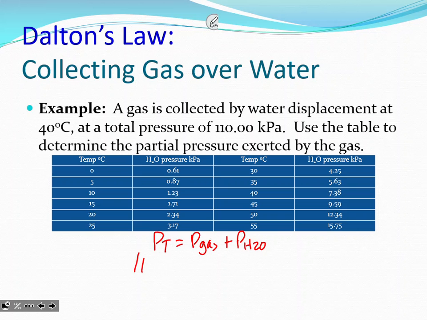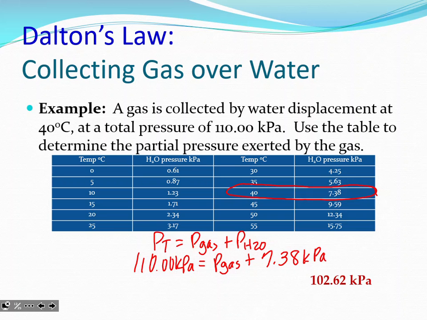Now, 110 kPa is our P total. Now, at 40 degrees, what do we have here? Which one is our partial pressure of water? We need to look at the 40. So this is where we would go. So yes, it'd be 7.38 kPa. Subtract the two real quick, and you get your partial pressure of your gas.